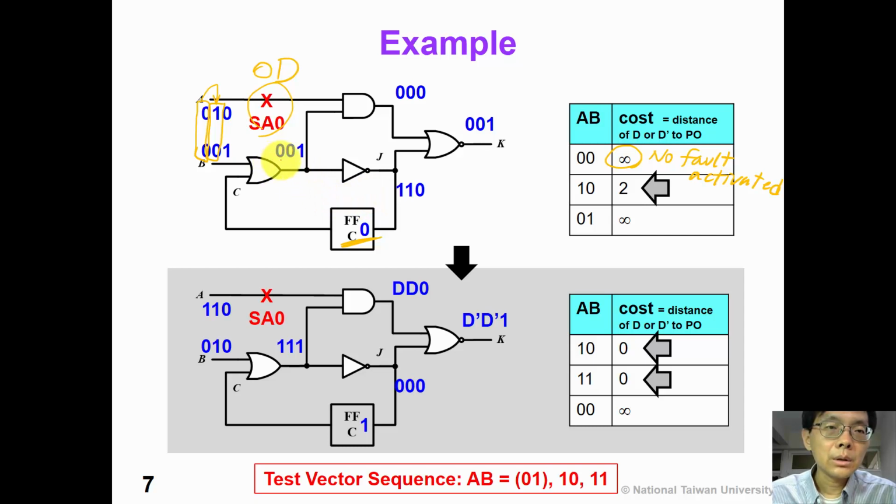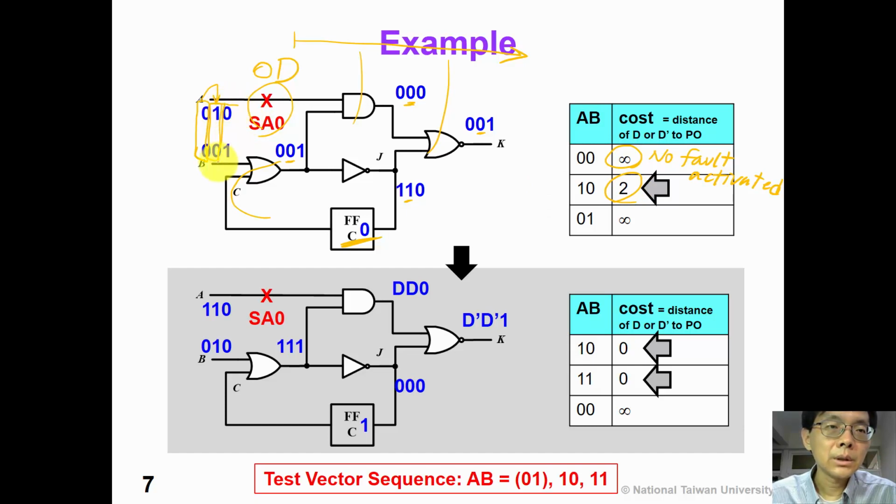So the output of this flip-flop is 0. The output of the OR gate is also 0. So the output of the AND gate is 0. And here we have a 1, and the output of K is 0. As we can see, the distance from the fault effect to the primary output is 2 levels of logic gates. So the cost of the second test vector is 2.